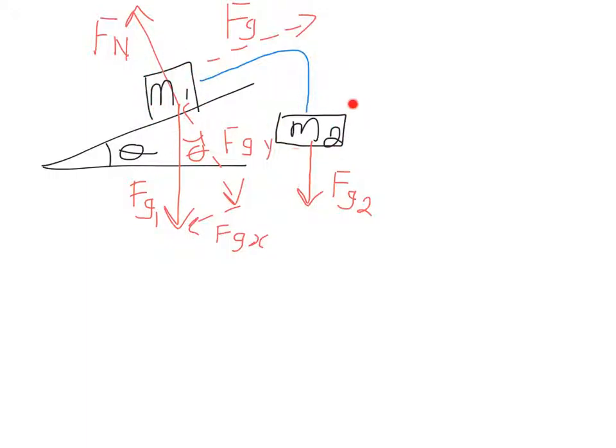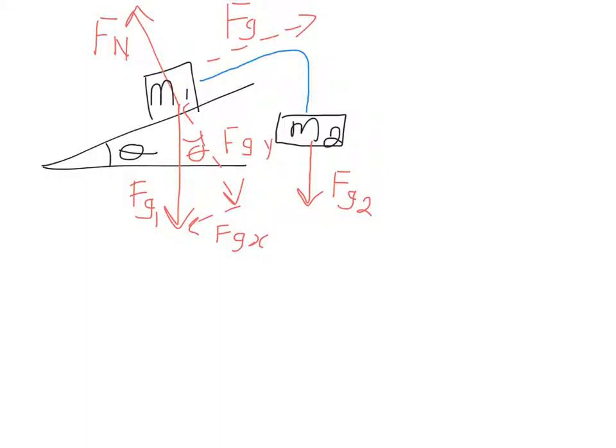If this is strong enough to actually pull down and this comes up the incline, then both of these are going to accelerate, and they have to accelerate at the same rate unless this rope or string compresses or contracts. So this whole thing is actually now our system. This is our system. So this mass and this mass are going to be accelerating. This happens to be our total mass.